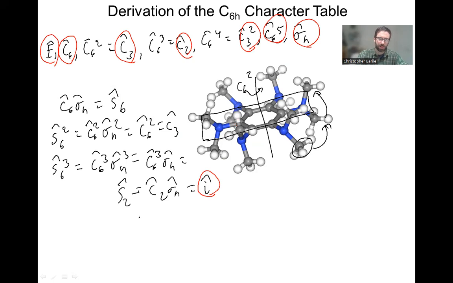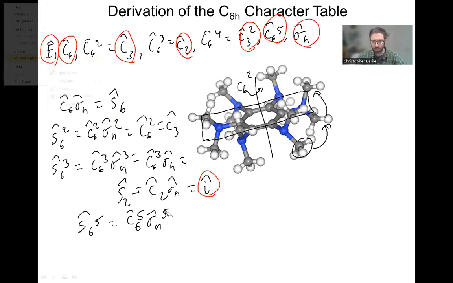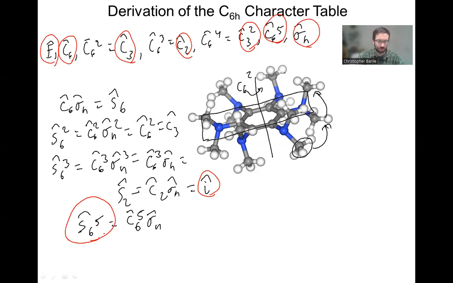Beyond that, S6 4 times is the even one, and we already established that that's not going to be unique. But we could do an S6 5 times. That's equal to a C6 5 times and, because it's an odd number of sigma h's, sigma h 5 times, which is equivalent to sigma h. So that's a unique operation that this point group has.